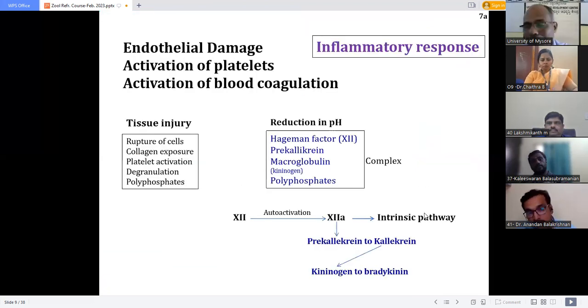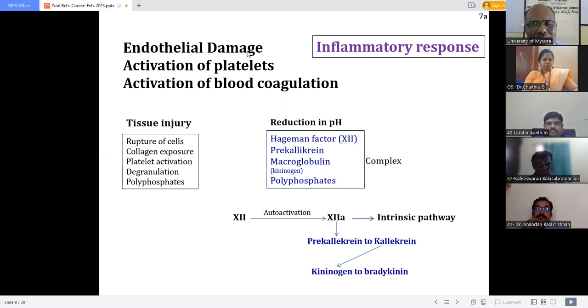Now, as I said, whenever there is endothelial damage, invariably you see activation of platelets. When platelets are activated, invariably you see the activation of blood coagulation. These are connected. These are all important preliminary or acute phase responses in the inflammatory response. Inflammation is invariably triggered by tissue damage or vascular damage.